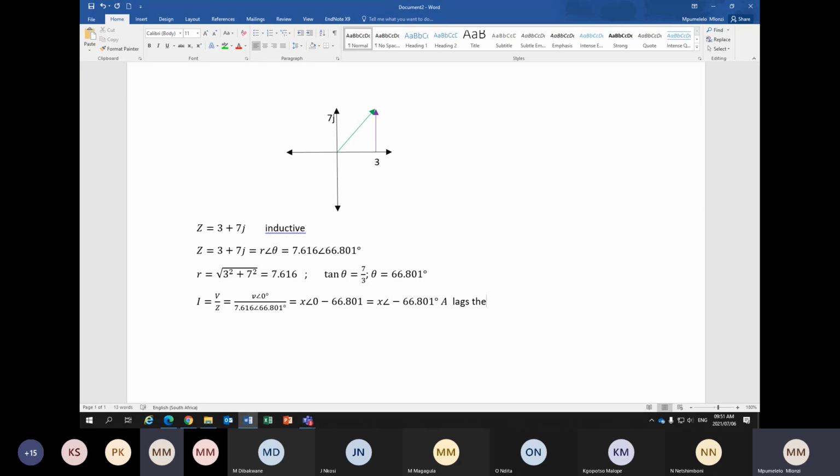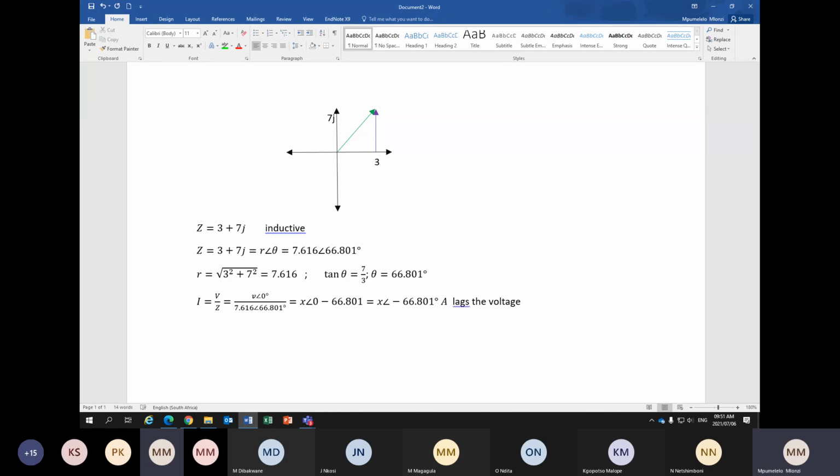It lags the voltage by an angle of 66.801. I hope this is clear, guys. In this case, it lags because whenever the circuit is inductive, the current will lag.